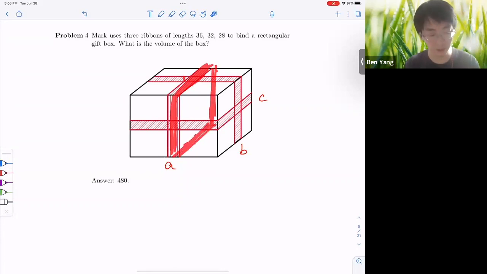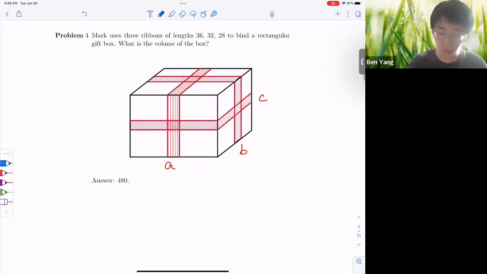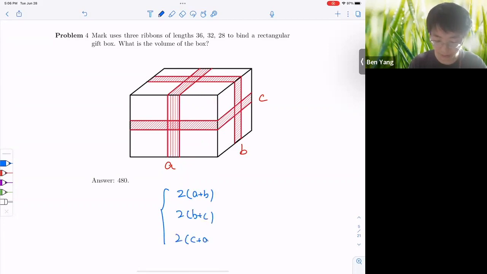So it's like twice of B plus C. So we have 3 equations. 2 times A plus B, 2 times B plus C, 2 times C plus A. It doesn't matter which is which. Let's just do 36, 32, and 28.